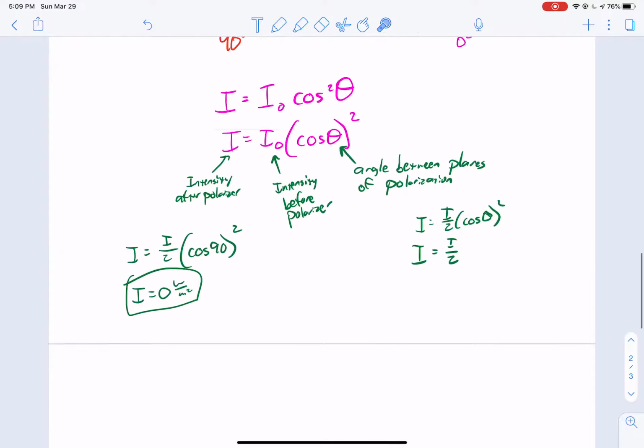So we can look at a slightly different kind of situation here. Let's say polarized light of intensity I. Well, actually, let's put numbers to it. Of intensity 5 watts per meter squared.